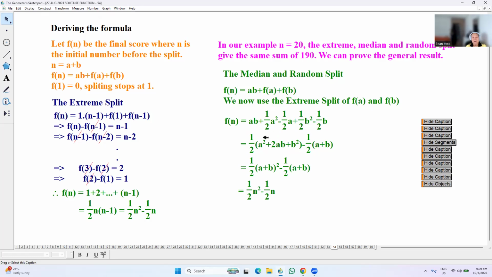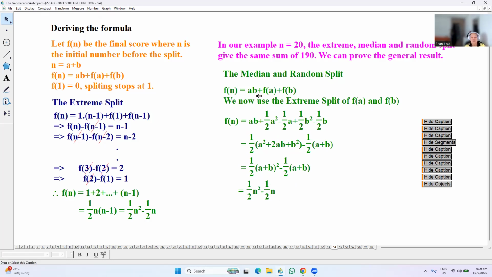And then we have half A squared and half B squared. And the other two remaining terms, half into A plus B. And we get half into A plus B squared minus half into A plus B, and A plus B is n, so half n squared minus half n.